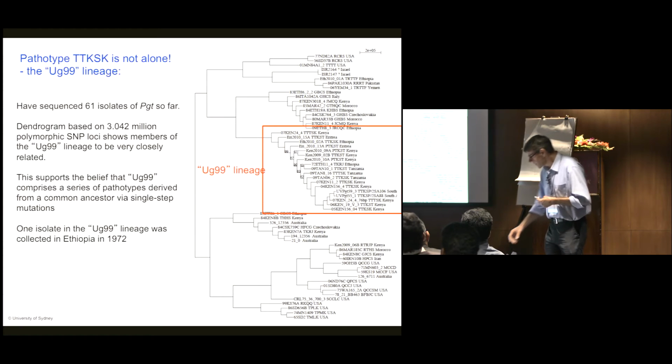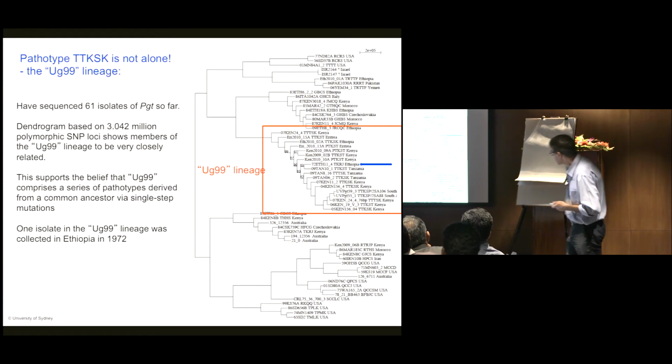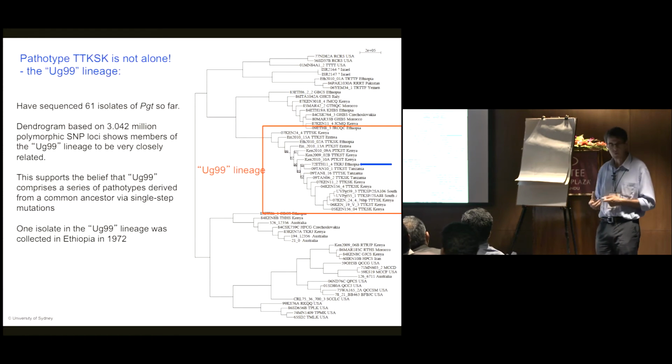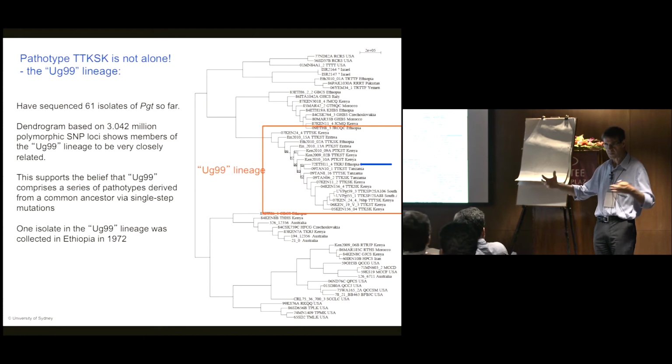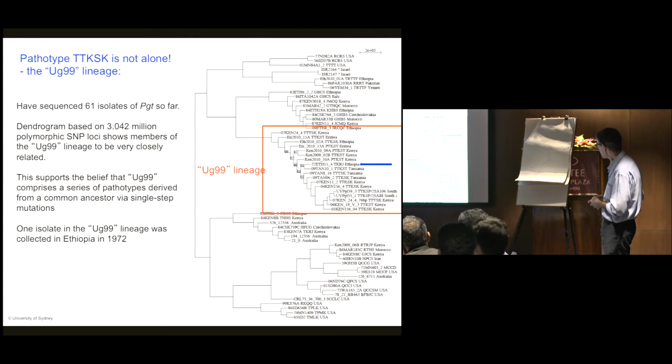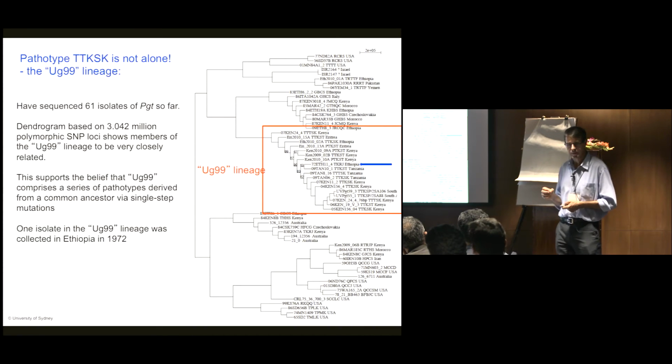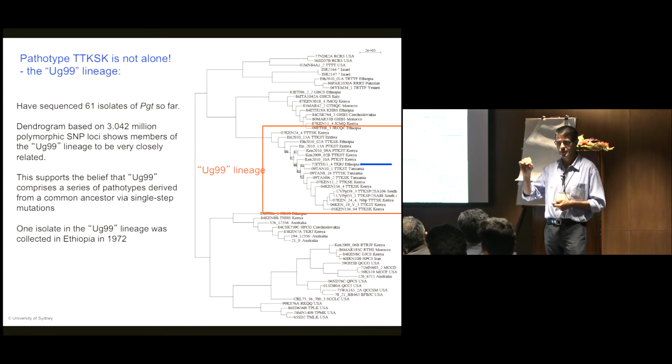All right? One of the really big surprises here was that when Les did this work, he went back into his historic rust collection. He has a collection of many, many stem rust isolates that he kept in liquid nitrogen, and he pulled out one from Ethiopia from 1972, and that falls in this ug99 lineage. So that suggests that the genotype within which the ug99 family sits has probably been around since 1972, and possibly even longer.